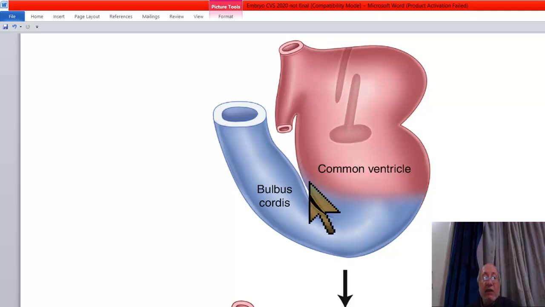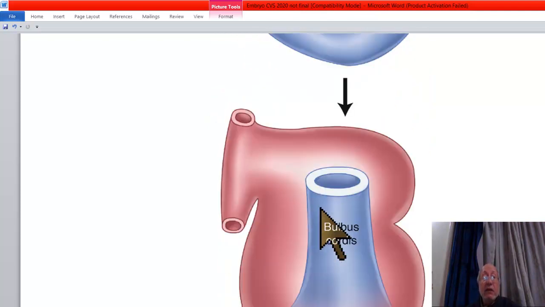Gradually, this deep sulcus is obliterated, and the bulbus cordis migrates and moves to the left side, so that the bulbus cordis becomes in front of the common primitive ventricle.